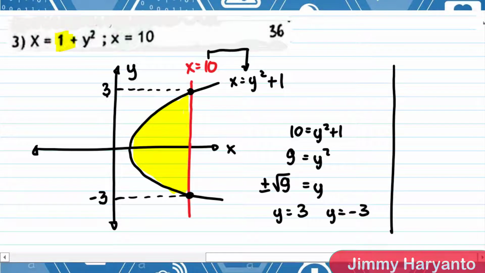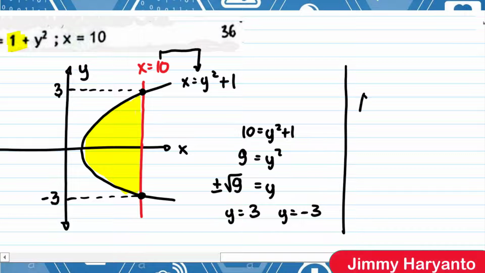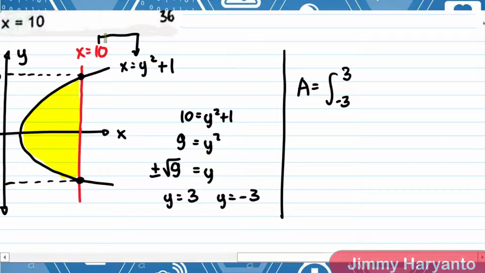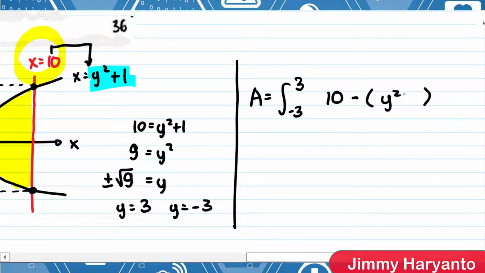Okay, after that we can find the area. The area will be the integration from the lower limit negative 3 to 3, and the upper function is the red one, x equals 10, so you write 10 only, minus the lower function, which is y square plus 1, and then dy.